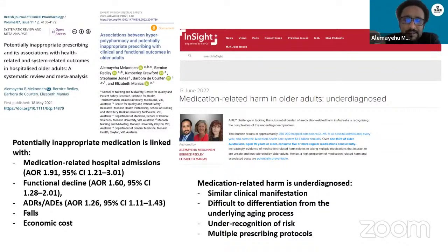When a combination of these multiple prescribing protocols is applied to a single patient, and the multi-specialty teams across the different settings don't discuss together, you can't preclude medication-related harm. So this may be the reason as well.